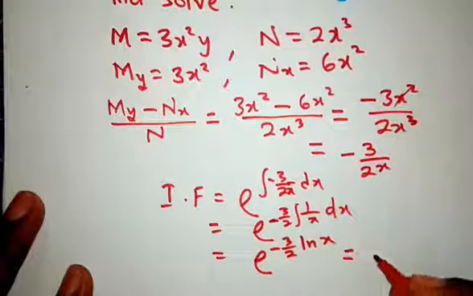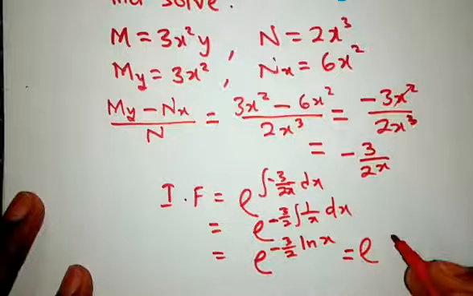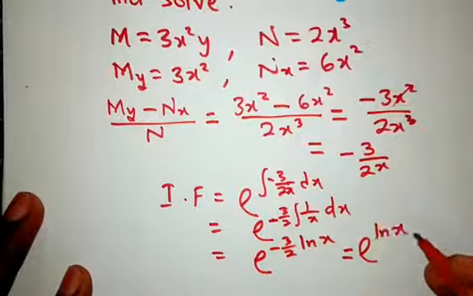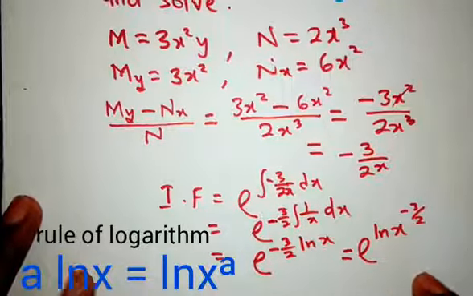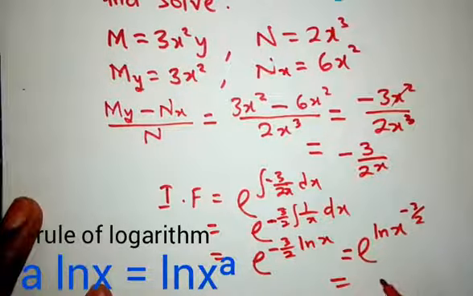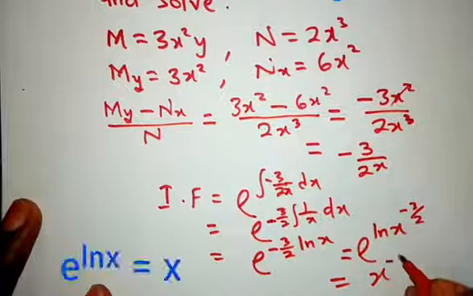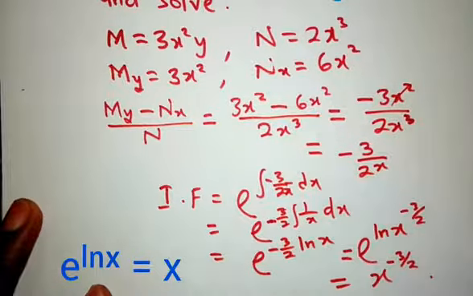This is equal to the exponential of ln x to the power of minus 3 over 2, by the law of logarithms. And this gives x to the power of minus 3 over 2.